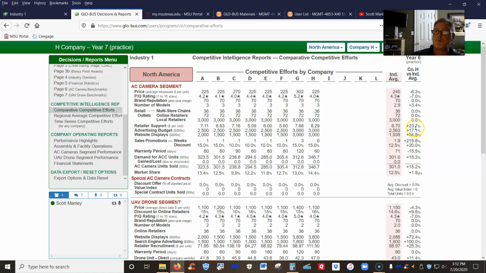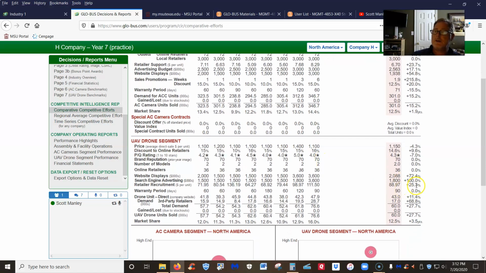I spent 23.7% above average on retailer support, 17% above average on advertising, 54% above average, okay, on my website displays. I promoted the heck out of it, right? Six weekly discounts at 15%. I kept my warranty coverage at the minimum, okay.